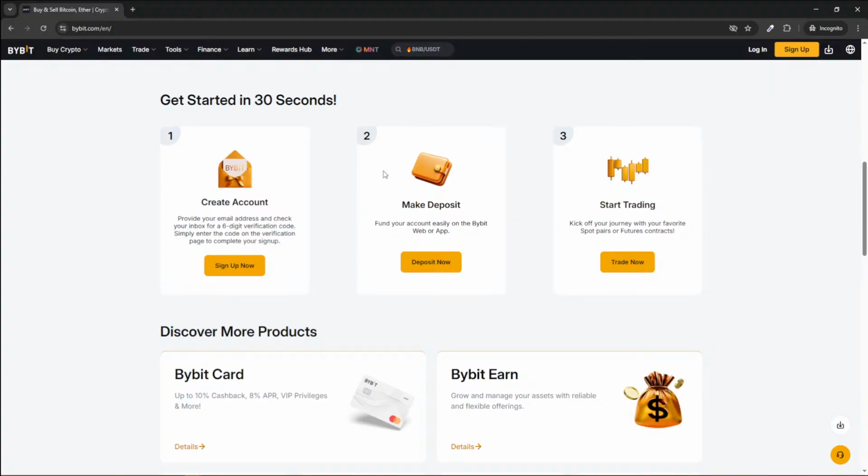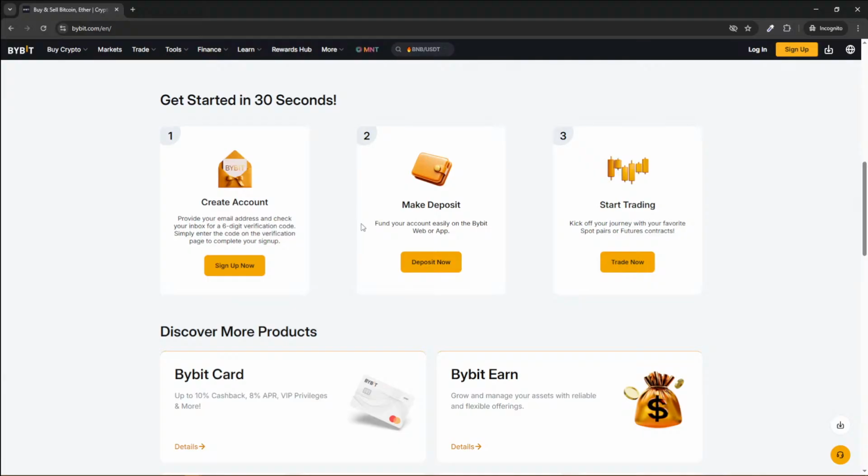So this is how easy it is to get started with an account right here and start trading and making money online. Simply provide your email, and by the way, I'm going to show you a way to bypass a long process. Make a deposit with your email and phone number; usually a verification is sent to your email, and then you can make a deposit.